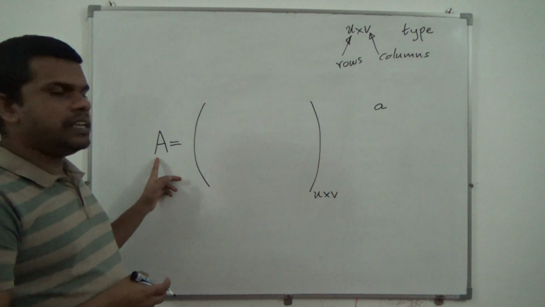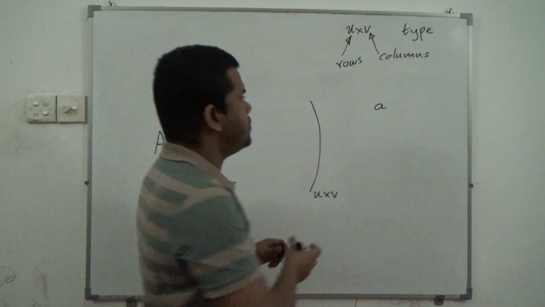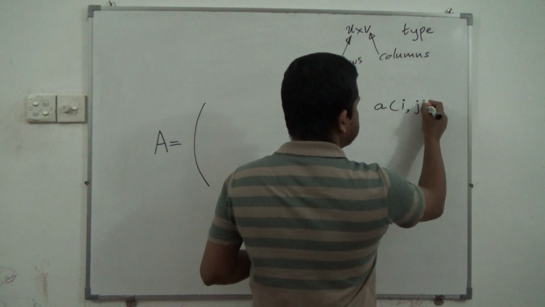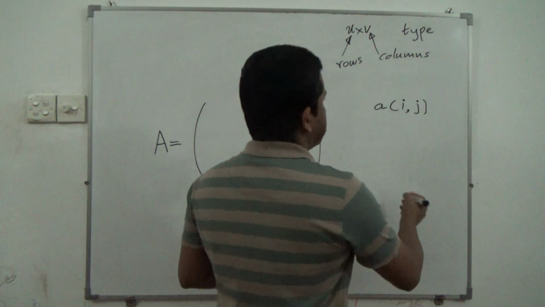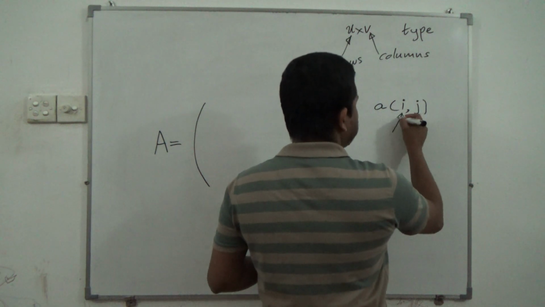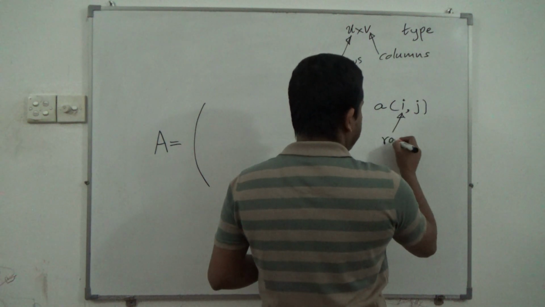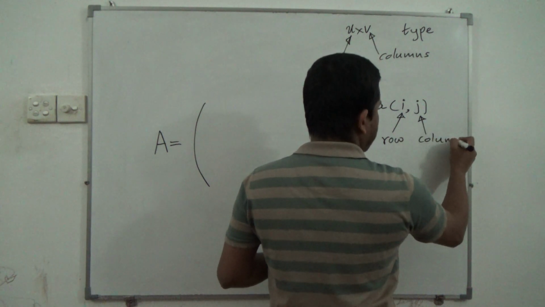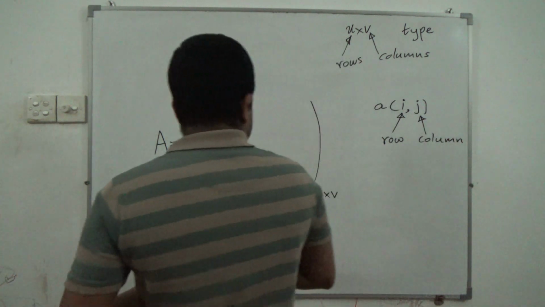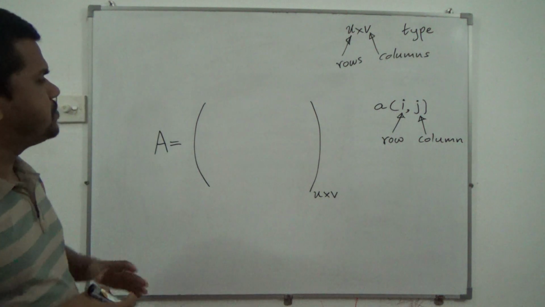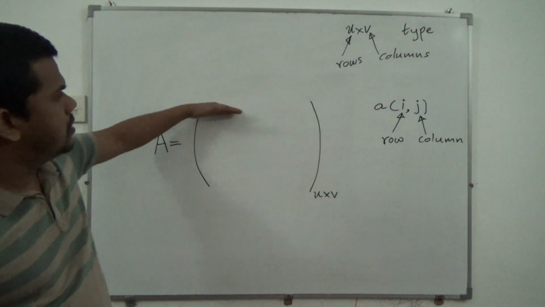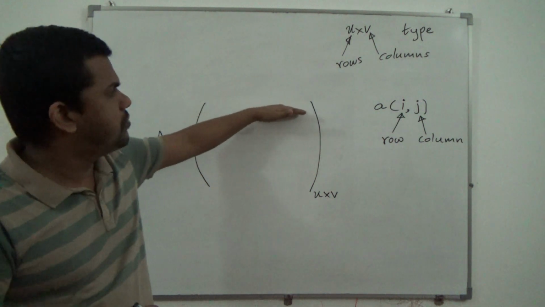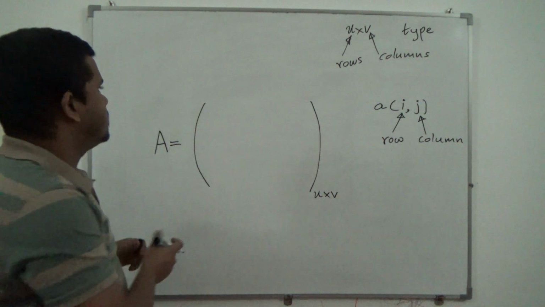Then any element in this matrix we represent using simple a. Since this is capital A, we use simple a, i comma j. Here i means the row number and j means the column number. Therefore, now let's write the elements in the first row of the matrix.